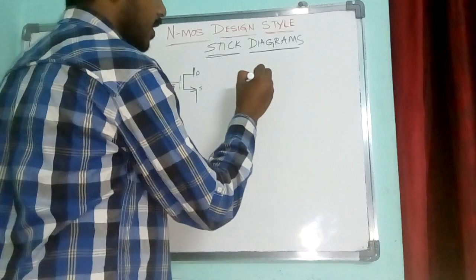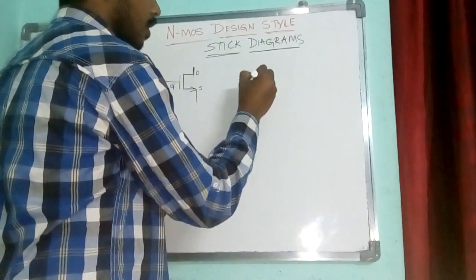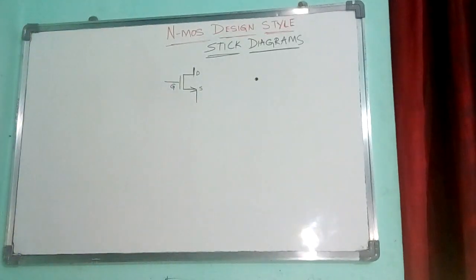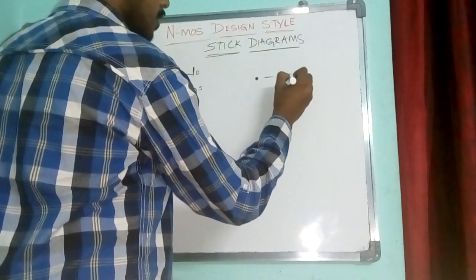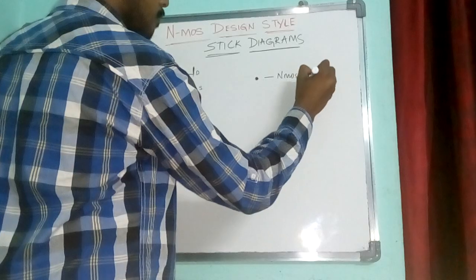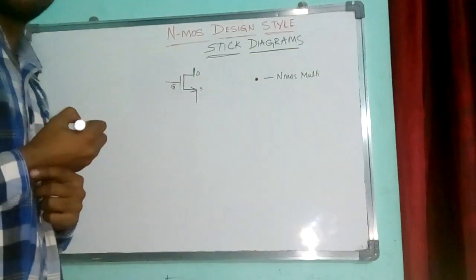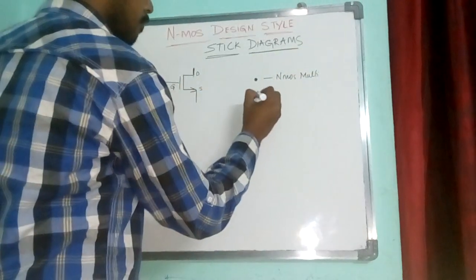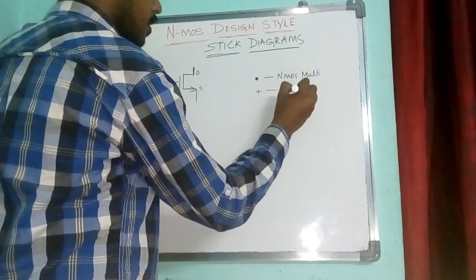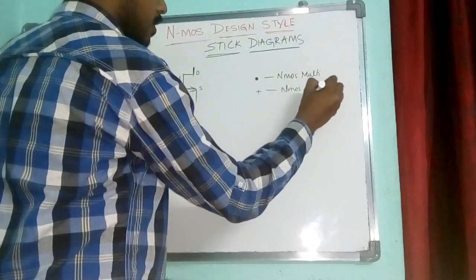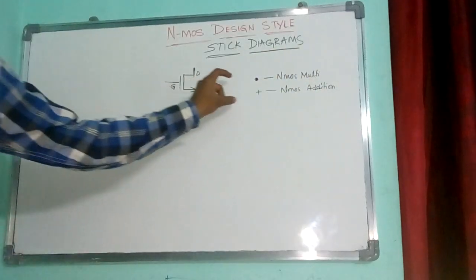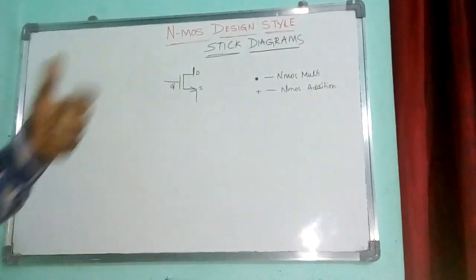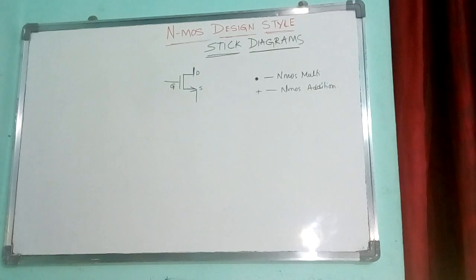If I am indicating a dot, that means Nmos multiplication, and plus indicates Nmos addition. Based upon this, we will design the stick diagram of any arbitrary circuit.